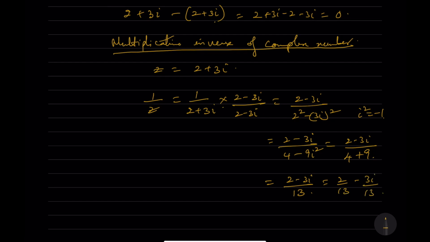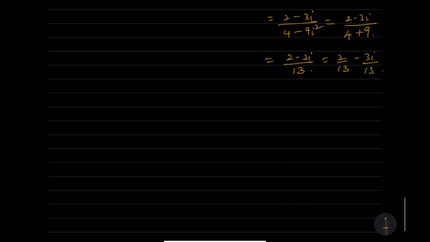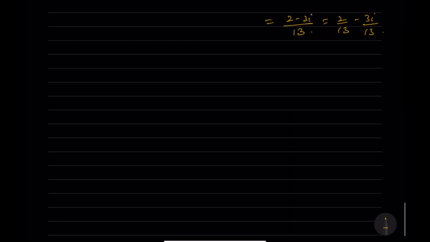In this way we can do all of these; this is the introduction of complex numbers. Now we can go into exercise 5.1. Express each of the complex numbers given in exercises 1 to 10 in the form a plus ib.